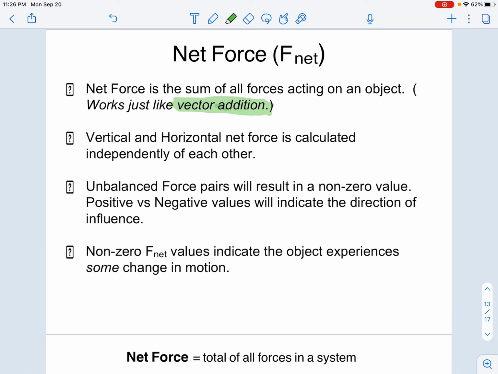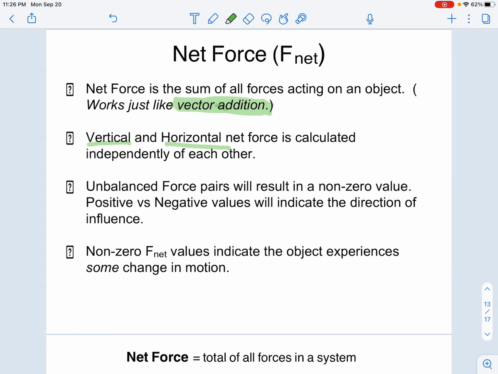We're going to calculate either vertical or horizontal net force. These two things are going to be independent of each other, so pick one at a time to evaluate whether or not there is a net force or what that net force value is.